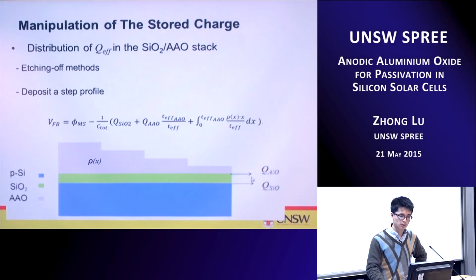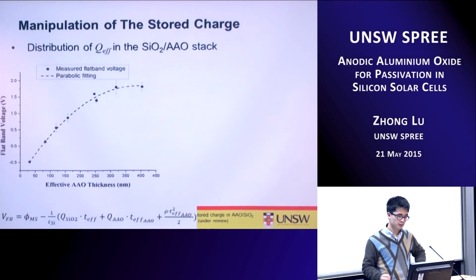And I assume that you have a constant charge. So the only variable here is the thickness of your dielectric. And since I have different thicknesses, you would be able to graph the flat band voltage as a function of the dielectric thickness. And here's what we are seeing here.